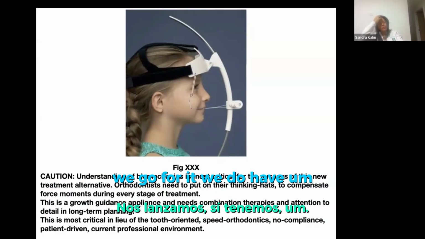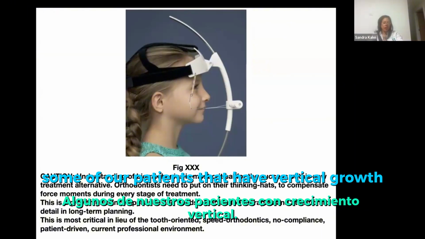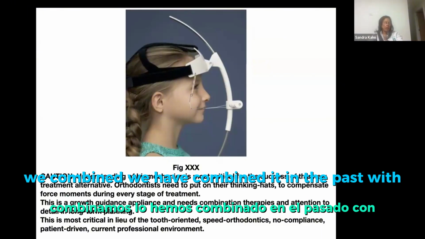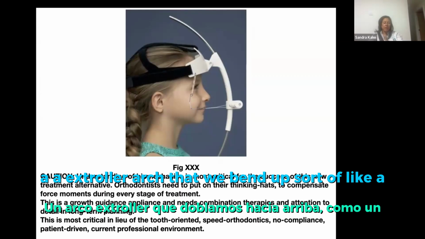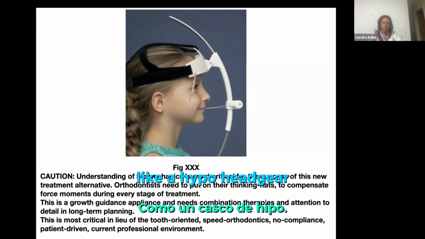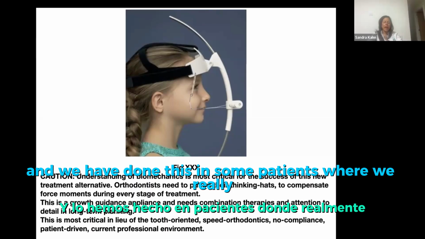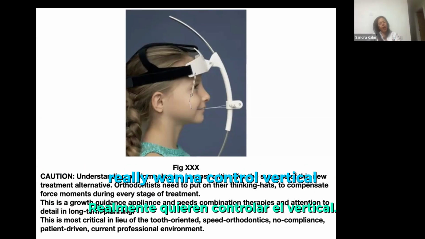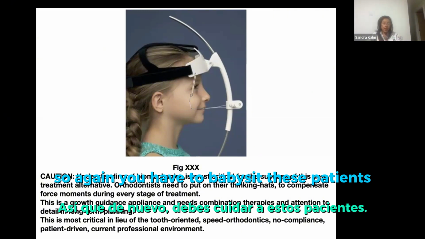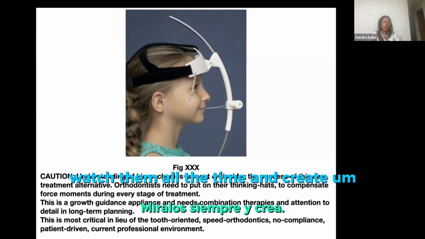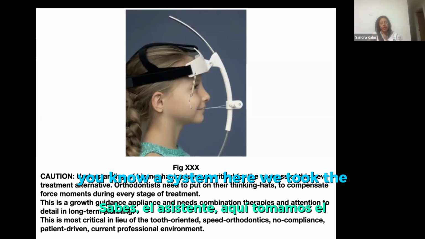We do have some of our patients that have vertical growth. We have combined it in the past with an extraoral arch that we bend up, sort of like a hypo headgear. We have done this in some patients where we really want to control vertical. So again, you have to babysit these patients, understand your mechanics, watch them all the time, and create a system.